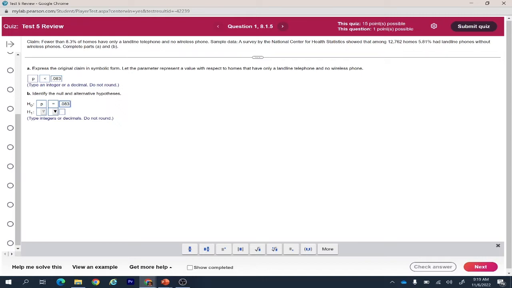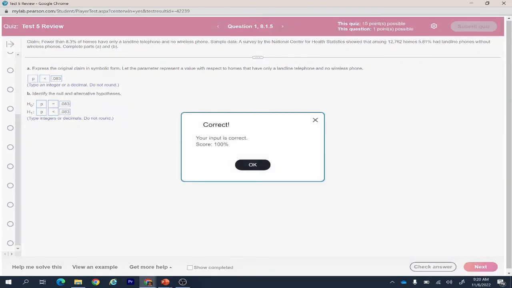And the alternative hypothesis here is fewer than 8.3% of homes have only a landline telephone. That's the claim. The null hypothesis is p equals 0.083, and the alternative hypothesis is p less than 0.083.